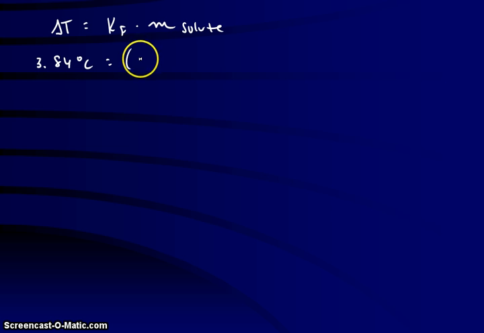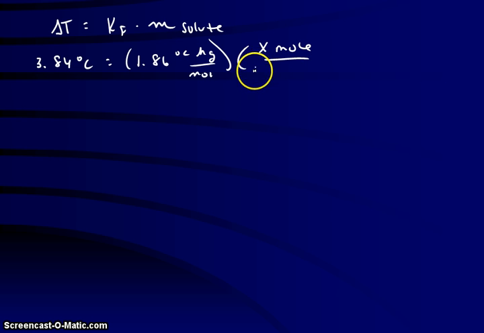We're going to plug in 1.86 degrees Celsius kilogram per mole. We don't know how many moles of solute we added, but we do know that we have 0.3500 kilograms of our solvent. So we're going to be able to solve for our moles of solute.